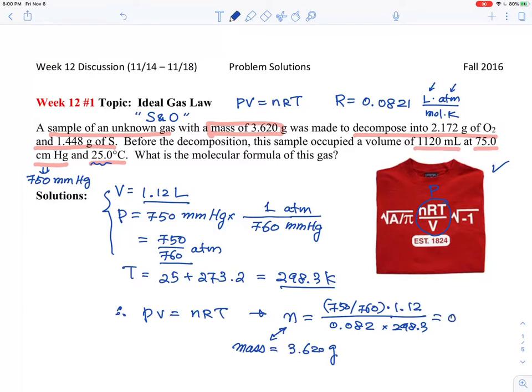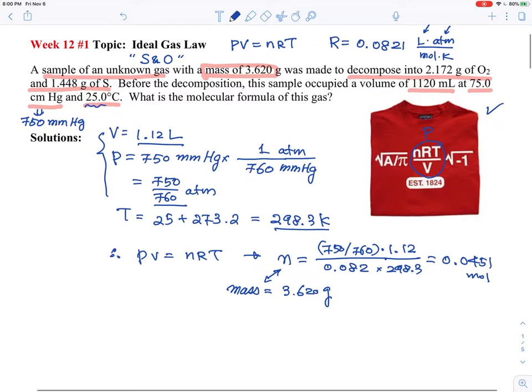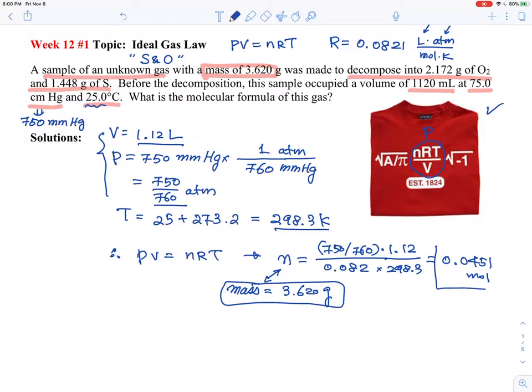Then that makes it 0.0451 mole. So what it means is, for the gas whose mass is this, that corresponds to this number of moles. Therefore, I know the molar mass now.